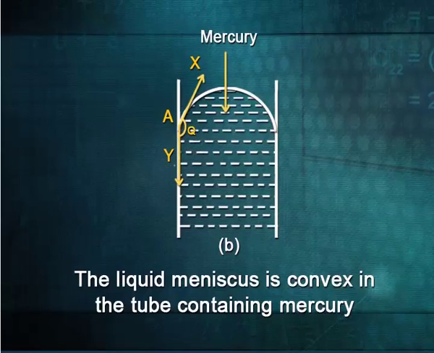Now students, look at the figure B. In this figure, mercury is taken in the tube and angle of contact is drawn at the liquid surface and towards the meniscus, that is convex in case of mercury. So, students, what will you observe? Angle of contact is obtuse in case of mercury, means it is greater than 90 degree, and the meniscus formed is convex in nature.